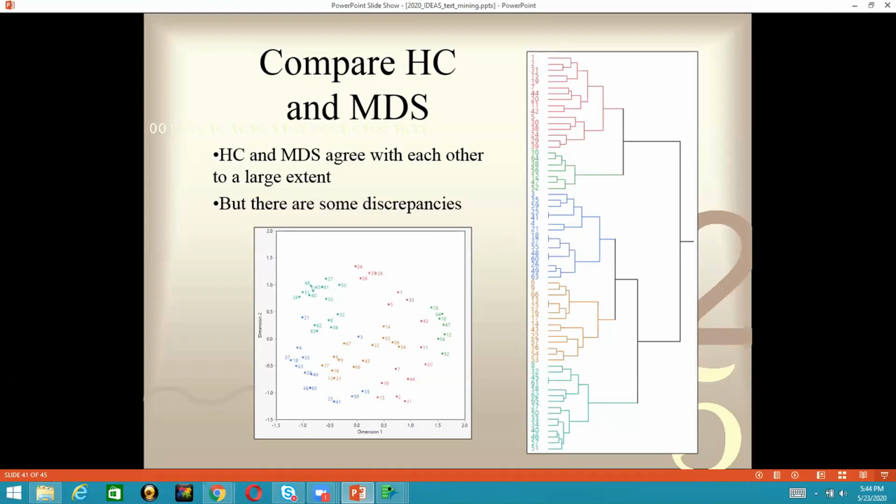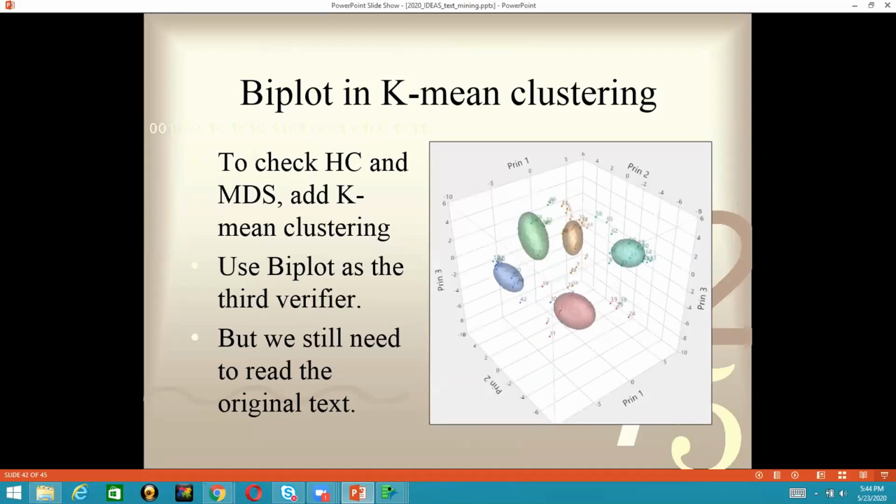When this happens, I invoke a Biplot. This is another way to look at the data in terms of principal components. To check the hierarchical clustering and MDS, I use the Biplot in k-means clustering. What's a Biplot? Bi means two, like bicycle, two wheels.